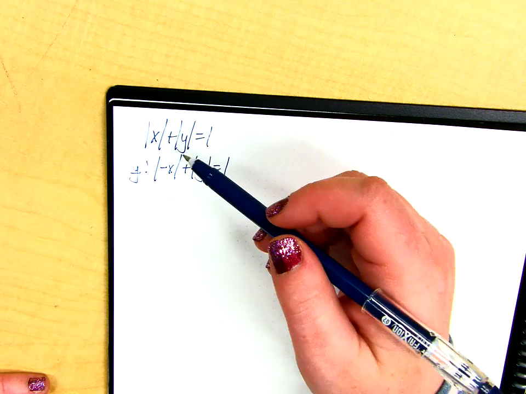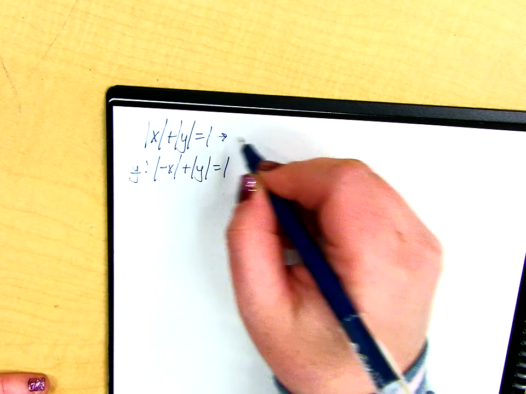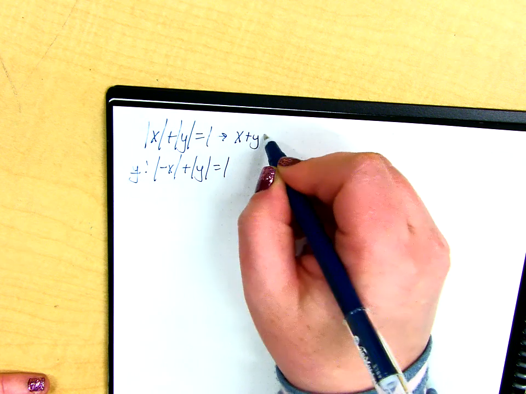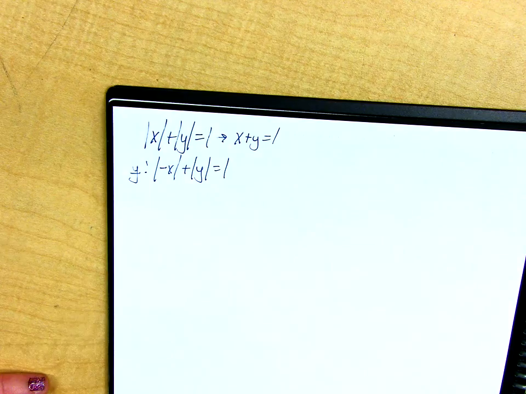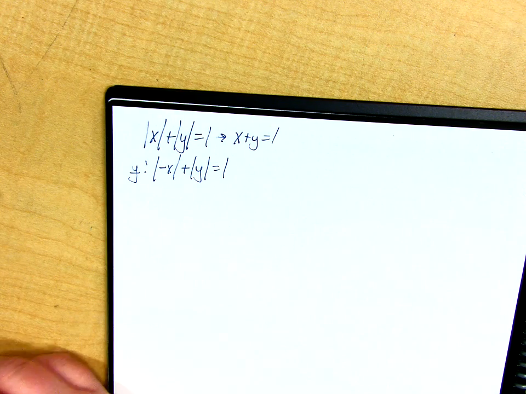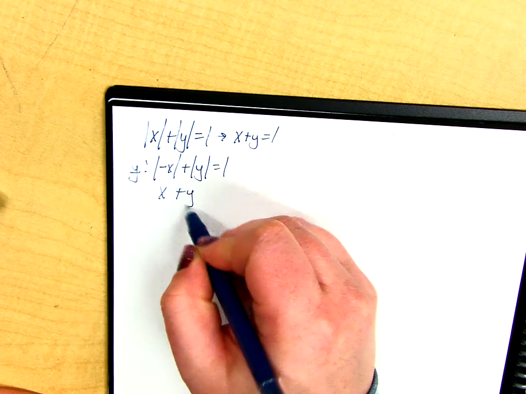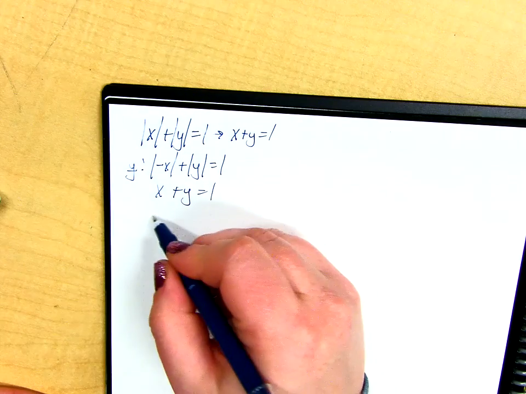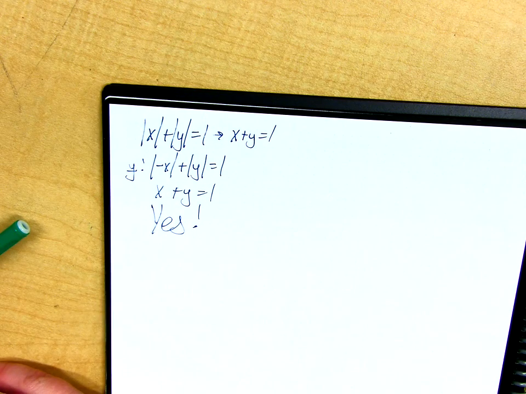Well, yeah. So their values are, if I were to simplify the original, couldn't I just turn it into x plus y equals 1? Because the absolute value of x is x, and the absolute value of y is y. So then here I get x plus y equals 1. So, a yes on the y-axis.